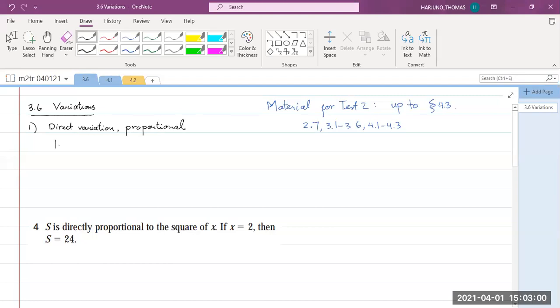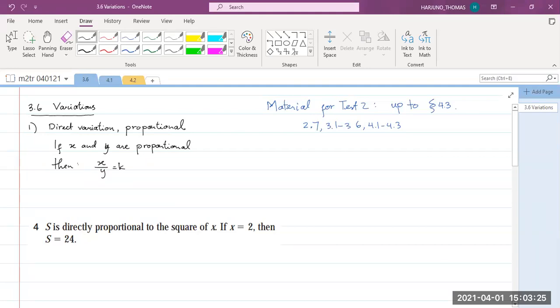Now, if two variables, let's say x and y are proportional, then what it means is the ratio x over y equals a constant.